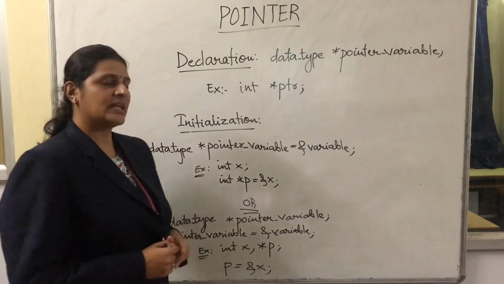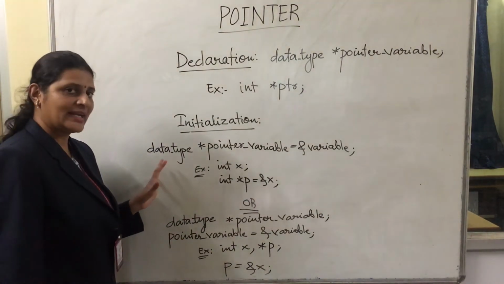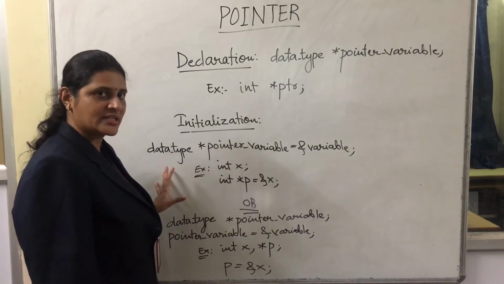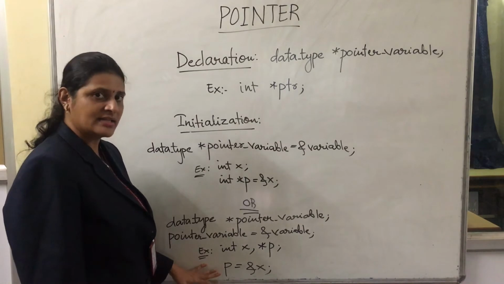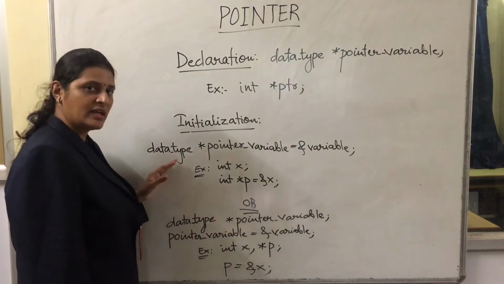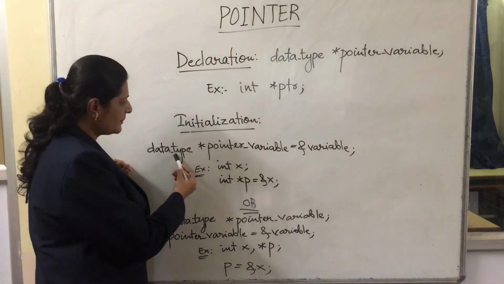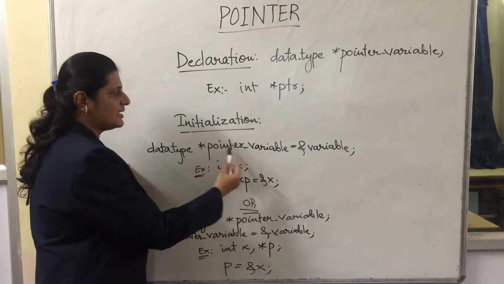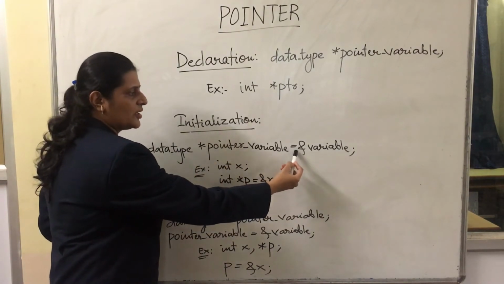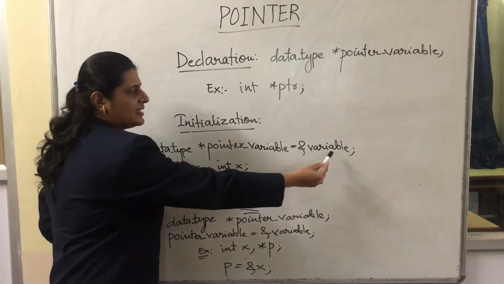Basically we can do it in two methods. Directly we can assign the address of a variable in the declaration itself, or we can do it separately. We will see them one by one. In the first method the syntax follows like this: data type, followed by asterisk and the pointer variable name, equals the address operator, ampersand, variable.